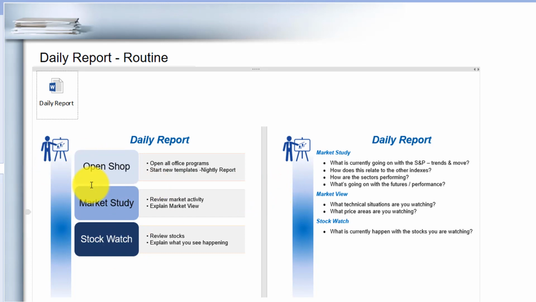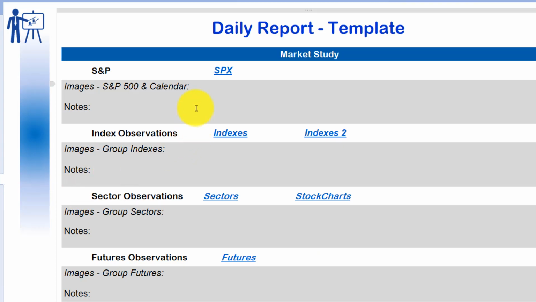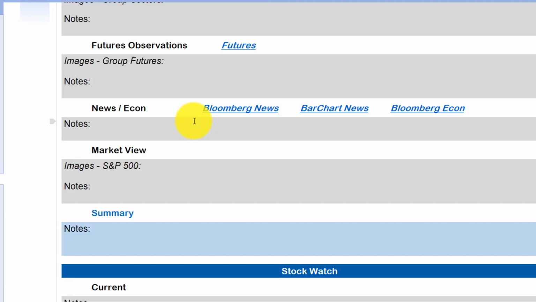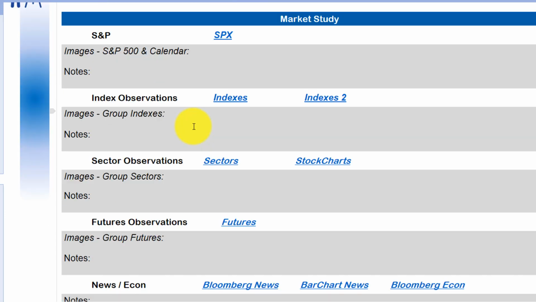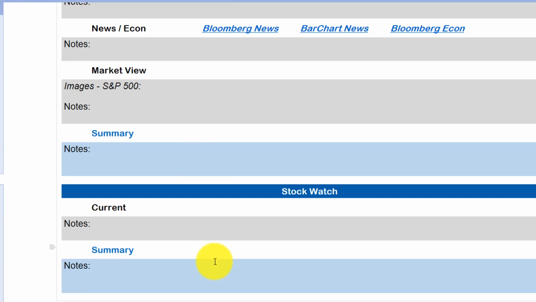We just do not do the review, and we do not do a study of the larger time frames like weekly charts. But besides that, everything's the same, and the template is just laid out the same without the review up top. So you're just doing the market study and the stocks to watch.